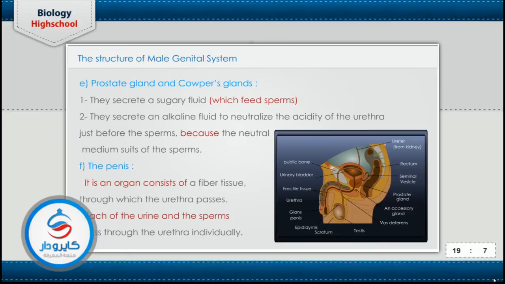The Cooper's glands and the prostate gland secrete a sugary fluid with an alkaline substance and a viscous substance to feed the sperms and neutralize the acidic urinogenital duct, and also to form fluids that help the sperms to swim and get out from the human male during the ejaculation.